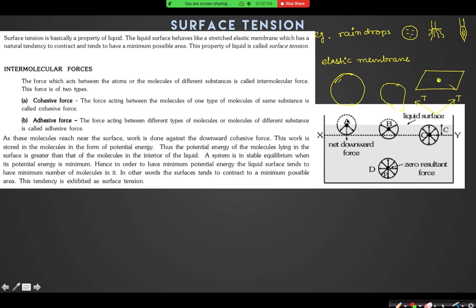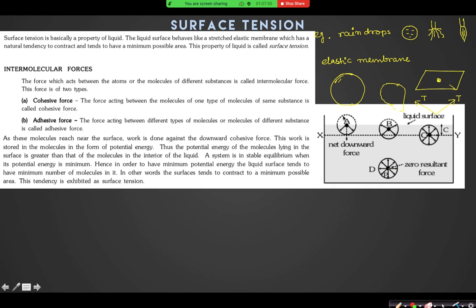Yes, sir. So the outside particles are also attracting, but here the outside particle is air, right? And in practical cases, the air to liquid adhesive force is very small.